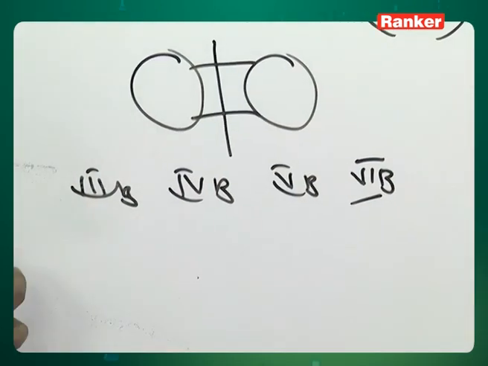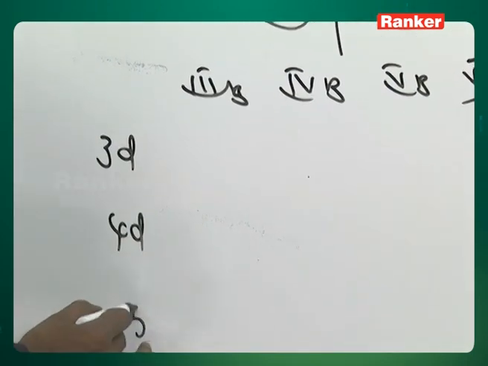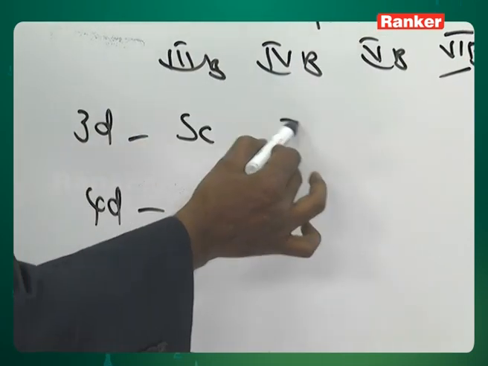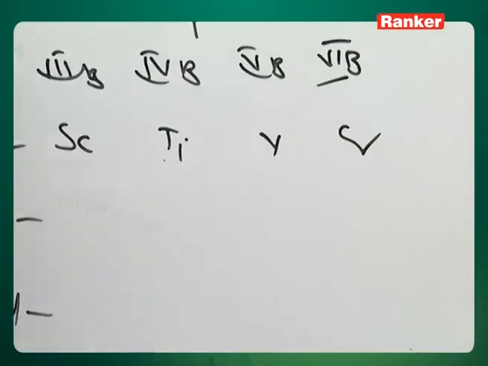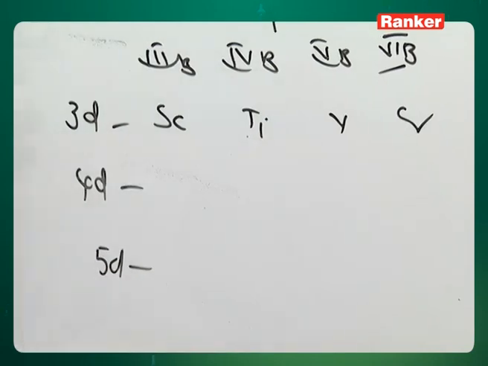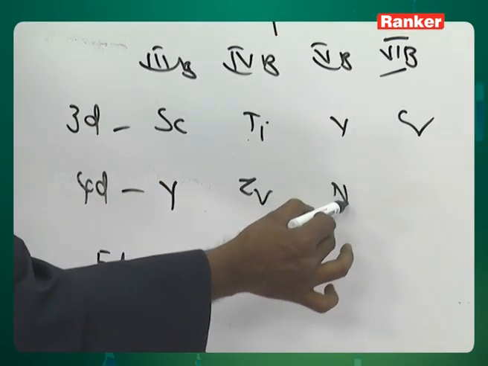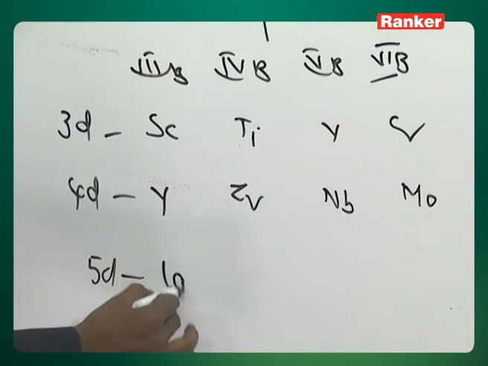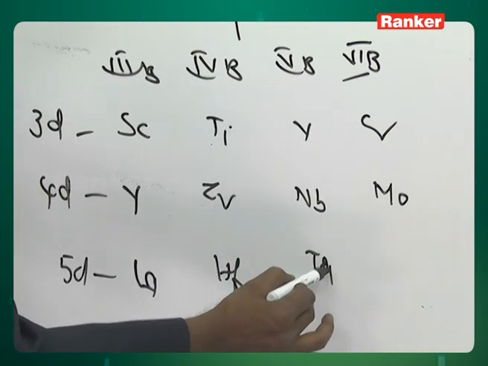We take the 3d series, 4d series and 5d series. Here we have scandium, titanium, vanadium and chromium. Similarly, you can take yttrium, zirconium, niobium and molybdenum. Then you can take lanthanum, hafnium, tantalum and tungsten.